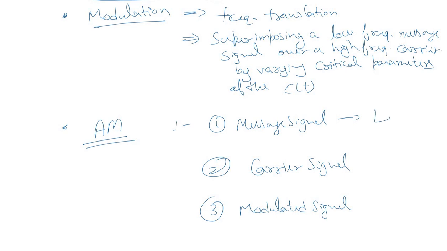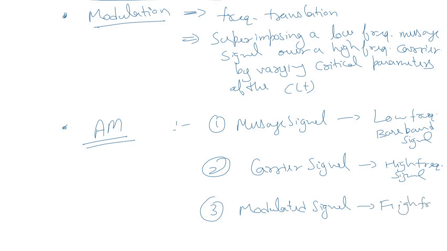The message signal, as we know, is a low frequency baseband signal. The carrier signal is a high frequency signal, and the modulated signal is again a high frequency bandpass signal. So these are the 3 important signals that we will be dealing with in amplitude modulation.